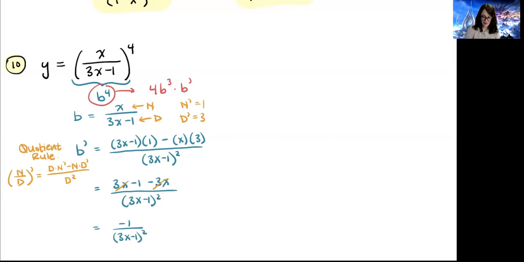Okay, so I think we're ready to put this all together into the general power rule formula. All right, so y prime. We bring the 4 down and multiply in the front, leaving the base the same and subtracting 1 from the power. So that'll be 4 times x over 3x minus 1 to the third.